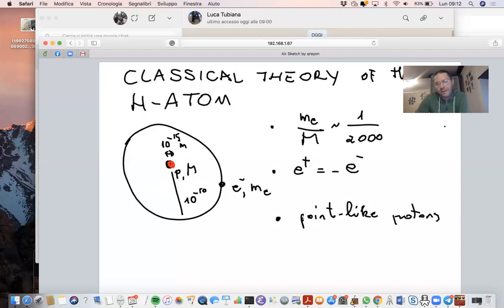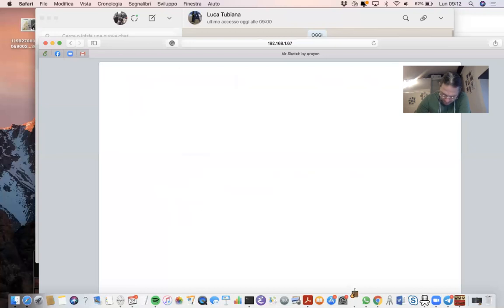So these are three things we're going to keep using and keep in mind while developing a classical theory for the hydrogen atom. While we do that, the natural way to start this discussion would be Newton's equation, obviously. So let's start writing Newton's equation.